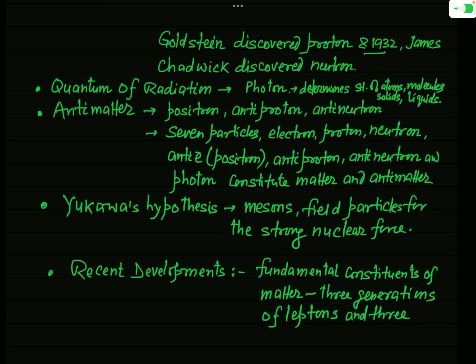So you can say that the atomic picture became quite clear in the early 1930s, and the atomic scene was found to have only 4 characters, and those 4 characters were electron, proton, neutron and photon.